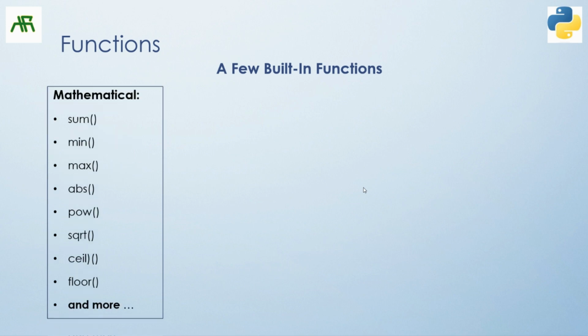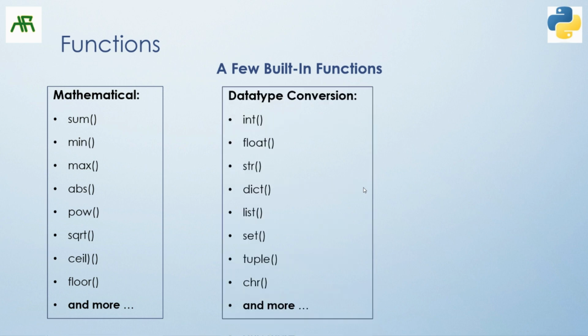Here are some sample built-in functions. There is a huge list, but I'm just sharing a few of them. The first set is mathematical: sum of, minimum, maximum, absolute of a number, power, square root, and so on. The next is data type conversion functions. Remember, we saw some sample statements to convert one data type into another, but Python offers built-in functions to do a lot of conversions.